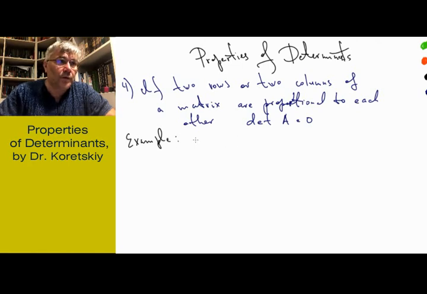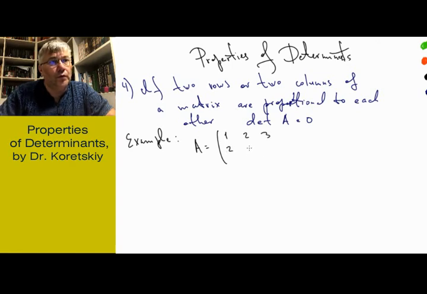If matrix A is the matrix with entries, for example, 1 2 3, 2 5 10, and 4 10 20.